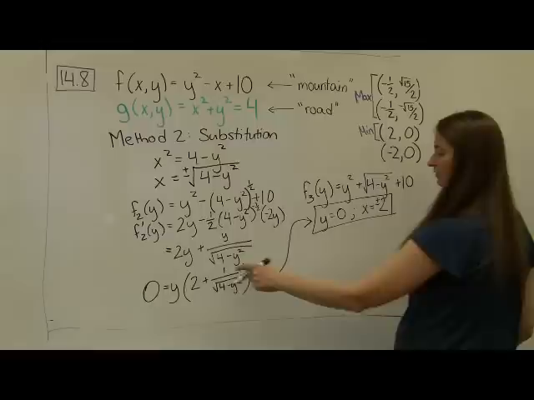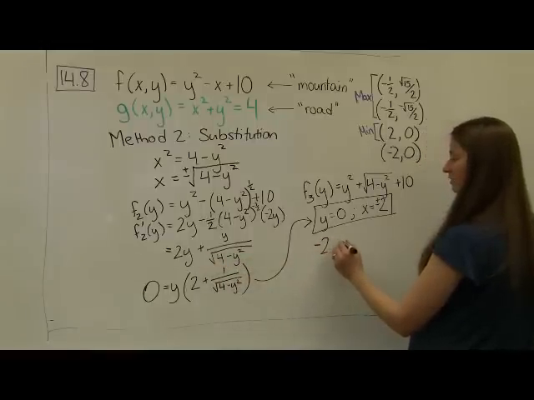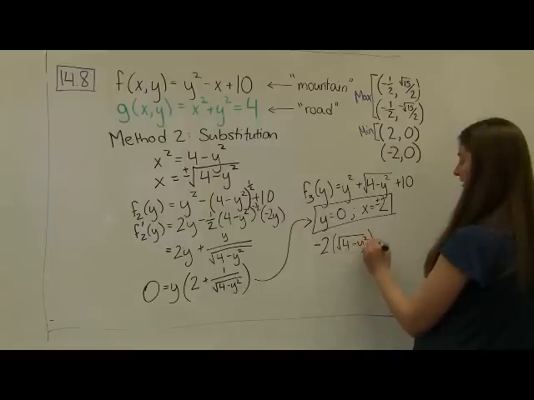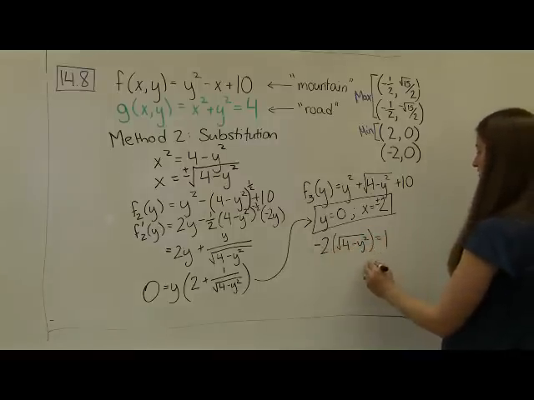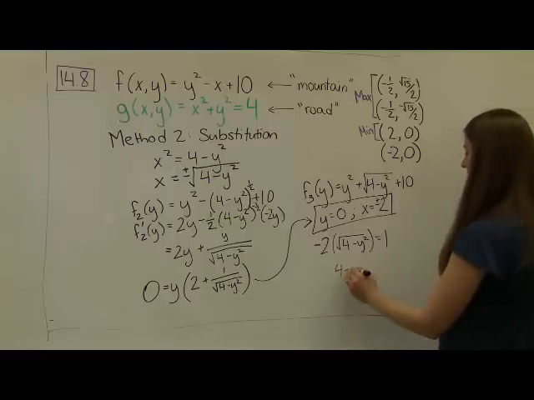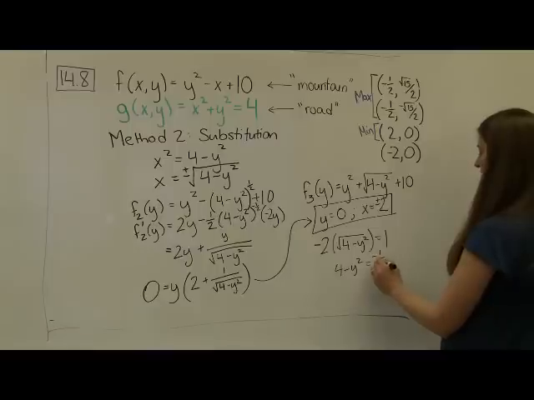I'm going to do a little bit of subtraction and multiplication. That's going to be equal to 0 when negative 2 times the square root of 4 minus y squared is equal to 1. I move this over here, and I square it, and I get 4 minus y squared would be equal to negative 1/2.